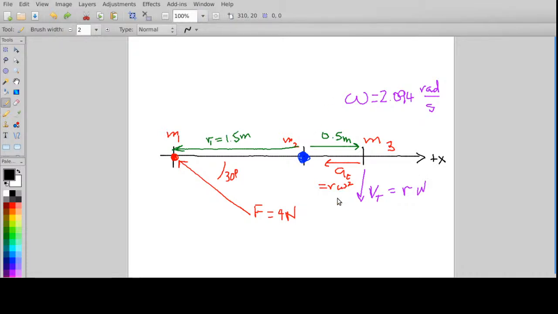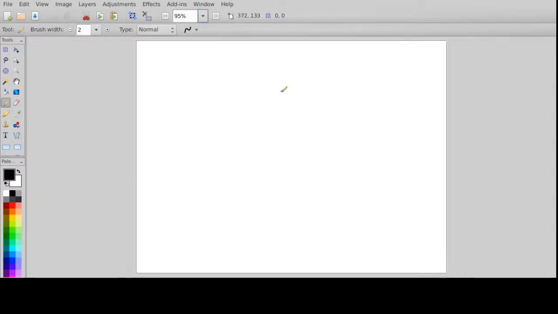Let me start off with a new sheet here. So we have a rod here, like this. We can have rods spinning around one endpoint, but I have the rod spinning through the middle. That black dot right there is my axis of rotation, and it is pointing up at you.